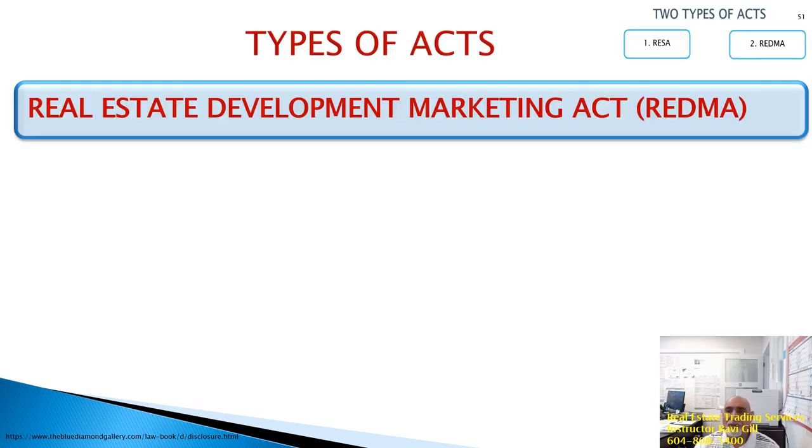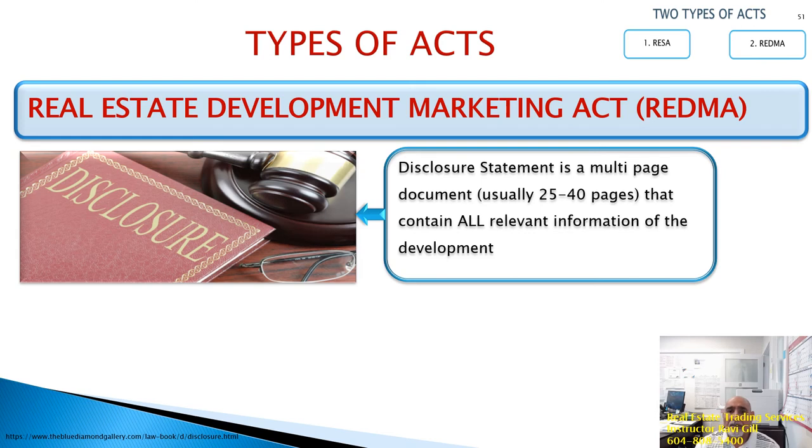Okay, so now we're going to talk about the second one. The second type is called the Real Estate Development Marketing Act, and a disclosure statement, usually about 25-30 pages. I know the word statement means one sentence, but it's not one sentence. It's a document. I would call it a disclosure document instead of a disclosure statement.